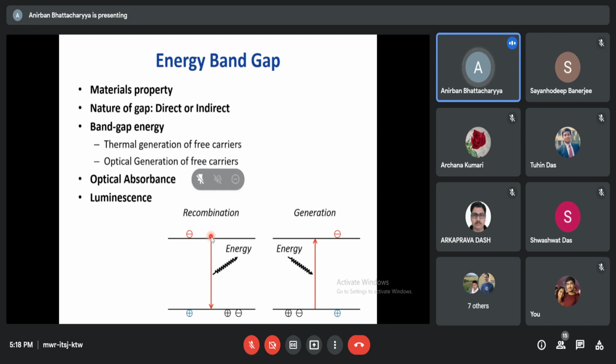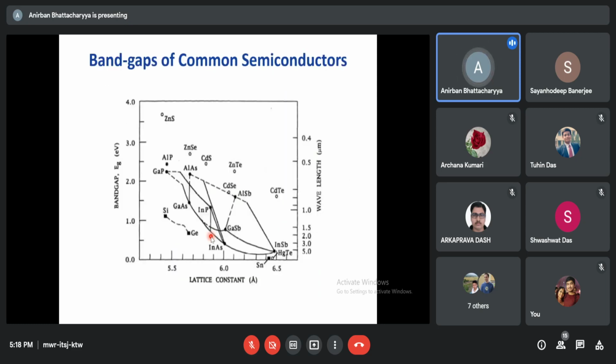So essentially, depending on the band gap, the light will change. Yes or no? So let's assume we are taking, say, gallium arsenide. It has a band gap of 1.44 electron volts because it has a particular energy.